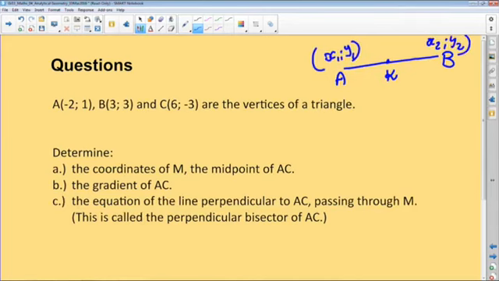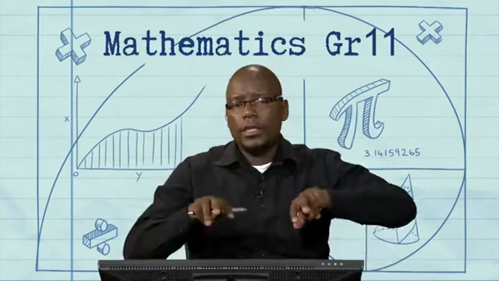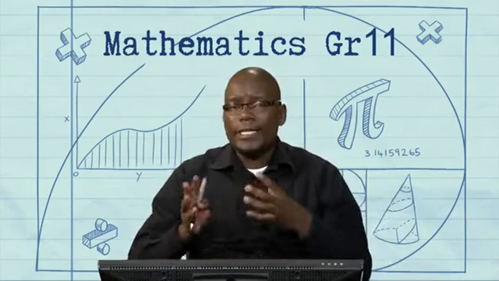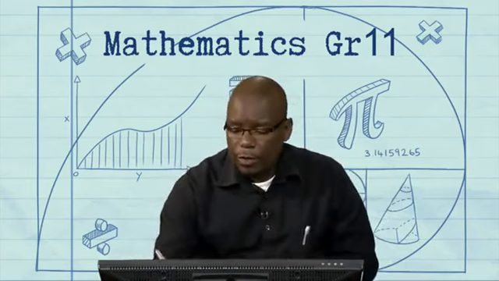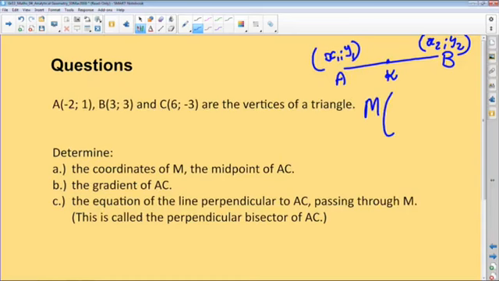That point K is right in the middle, between A and B. How do you work out the coordinates of that point? It's halfway through, so your midpoint is given by the average of the two: X1 plus X2 all over 2, Y1 plus Y2 all over 2.